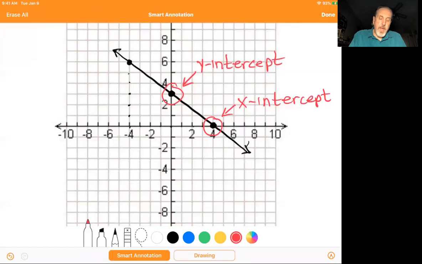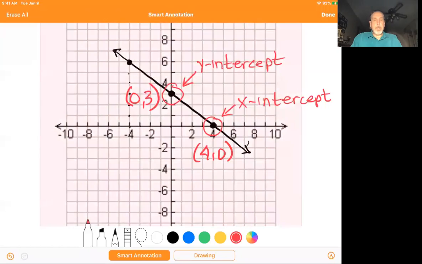The ordered pair for the x-intercept is 4, 0. And the ordered pair for the y-intercept is 0, 3. Yep, 0, 3, like that, okay? What I want you to notice is that whenever you have an intercept, one of the values in your ordered pair will be 0, and this is always the case.